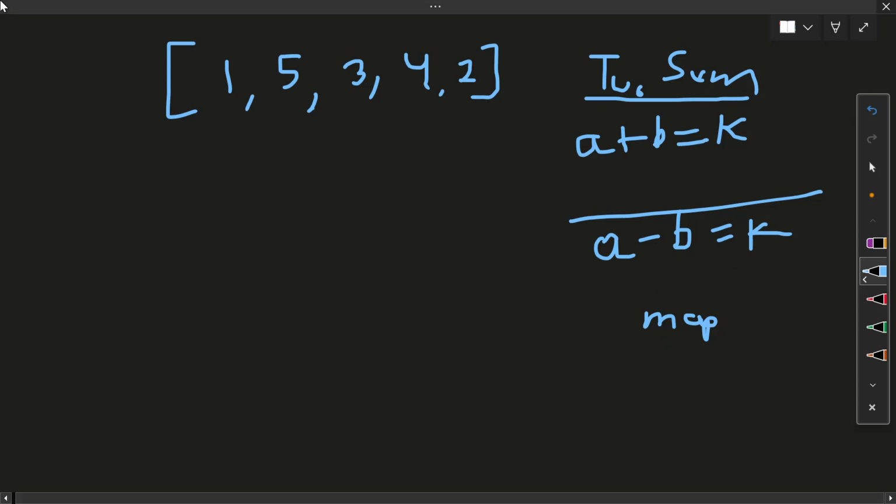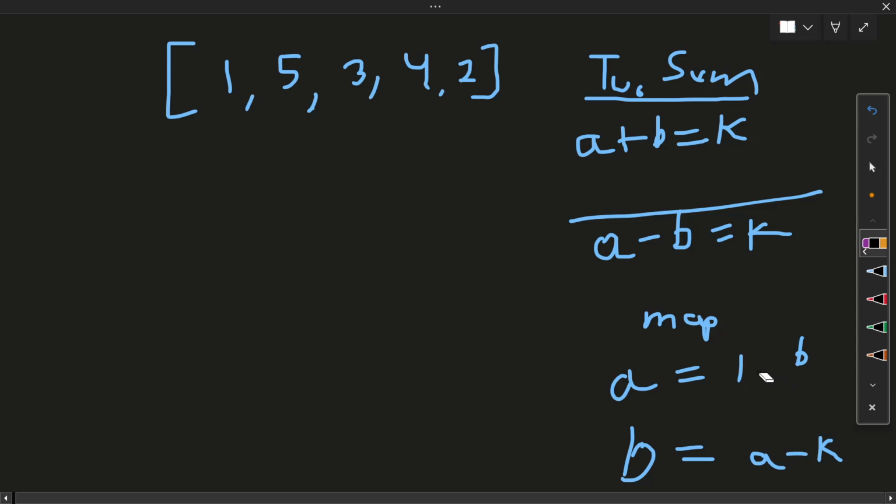In this question, we have the equation a minus b is equal to k. So the first equation will be a is equal to k plus b. For another equation, let's take b on the other side and k to this side. So b will be a minus k, or here we can write b plus k.